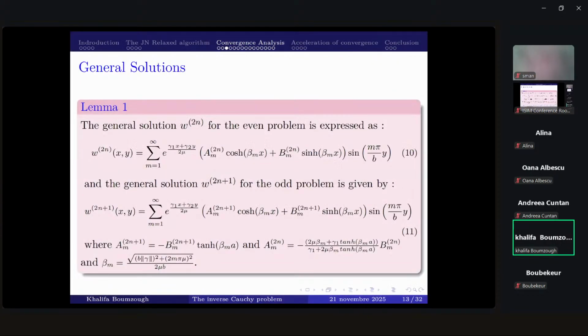For proving theorem 1, we need some lemma about the general solution. The general solution for the even problem is given by this formula, and the general solution for the odd problem is given by this formula.